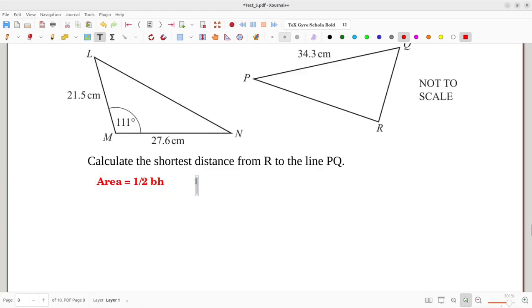And then the other one for calculating area, it's when there is no perpendicular height, and you are given two sides with the angle between those two sides, which we call an included angle. So in that case, what you just do is say it's half AB sine C.